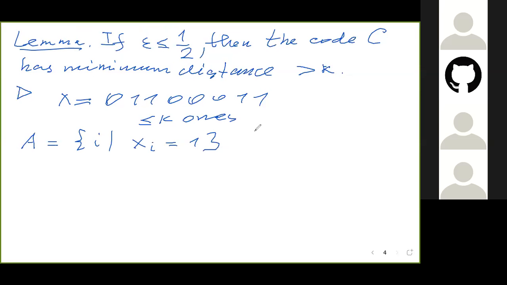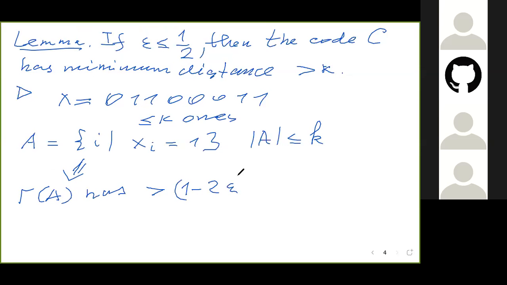So we know that A has at most k nodes, and hence by our lemma, gamma of A has more than 1 minus 2 epsilon times A, which is positive, actually non-negative, because epsilon is at most 1/2, unique neighbors.